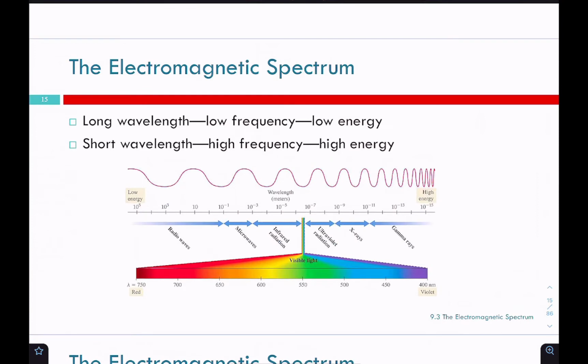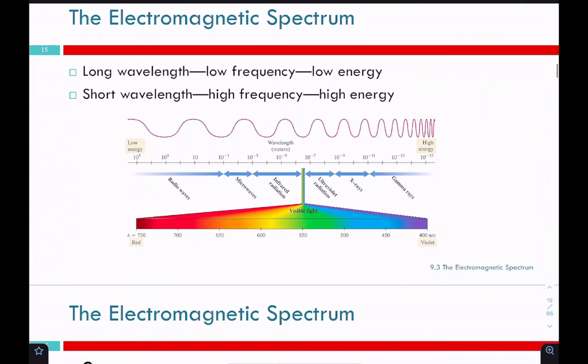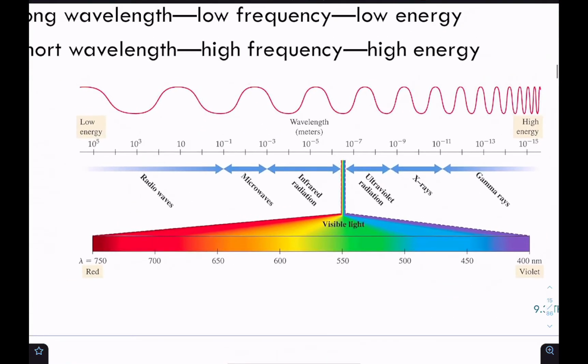So the electromagnetic spectrum is a spectrum, and you can have any wavelength on this continuum, from long wavelengths to short wavelengths. Long wavelength is low frequency, low energy, and the longest wavelengths that are common are radio waves.